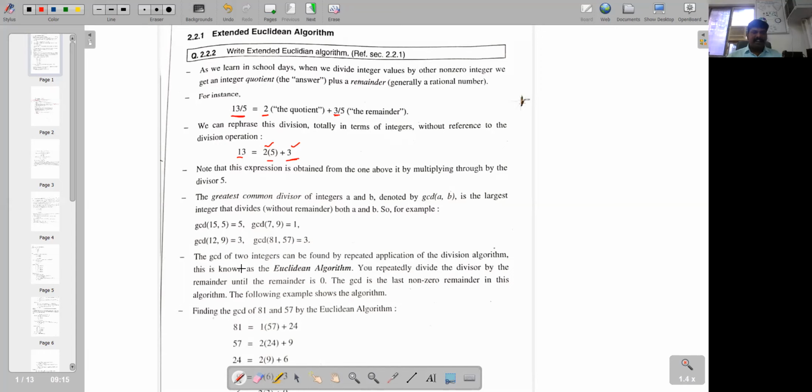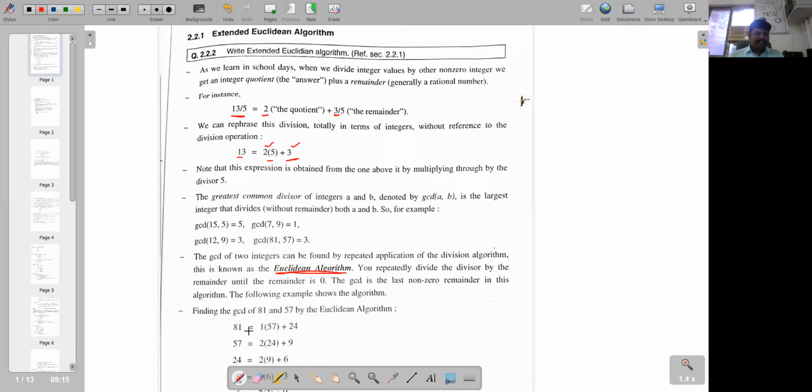Very similarly, the GCD of two integers can be found by repeated application of the division algorithm. This is known as the Euclidean algorithm. Here we multiply some value with the factors, followed by the modulus operation, so we can find out the GCD.